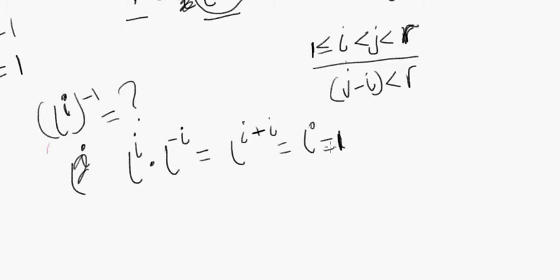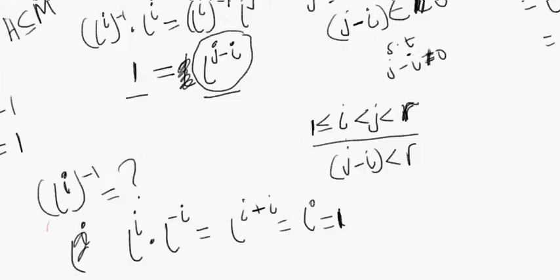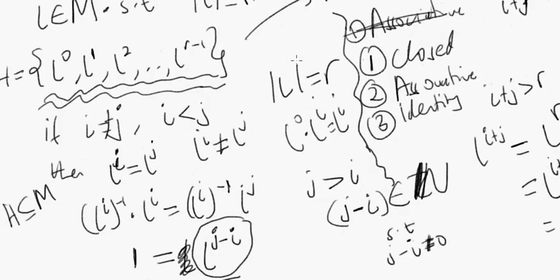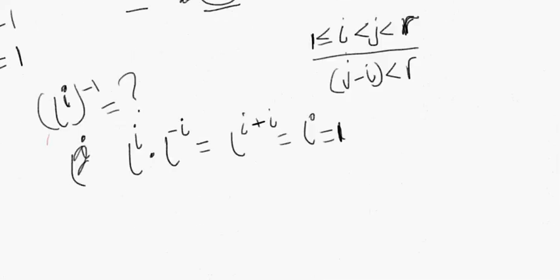Well, now you may be saying, okay, fine, but negative I was never one of our powers. So how do you know that L to the negative I is actually an element of our set H? So maybe let's check something else. What about if we multiplied L to the I by L to the R minus I? What would that give us?